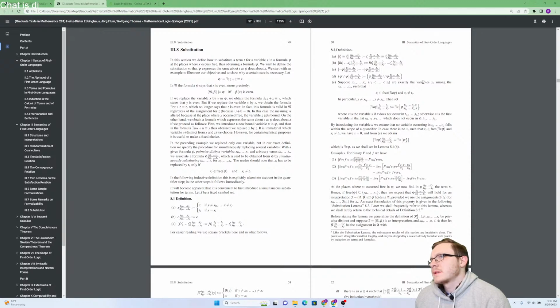Suppose xi1 through xis are exactly the variables xi among, so it's like a subset of x0 through xr, such that all these variables xi are free within a quantified formula.